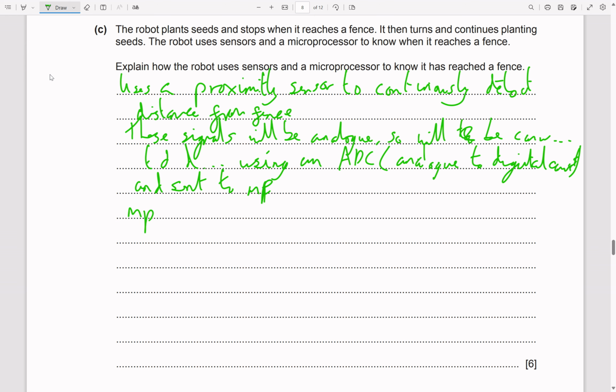The microprocessor will then compare these signals with the expected values. Let's read the question again just to see what exactly we want to do.